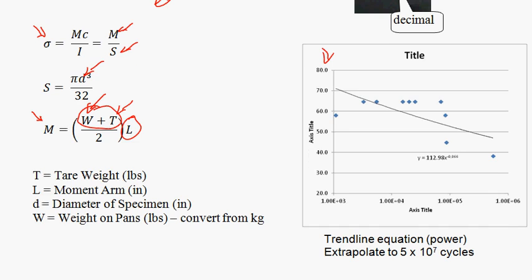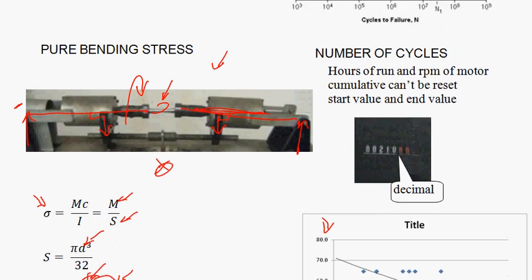The number of cycles, you'll be given the RPMs of the motor, and you will have an hour timer. It can't be reset. So what you'll need to do when you run this experiment is record the value on this hour timer, and the last two digits are hundredths of an hour, so you need to be careful to record it with the decimal values.